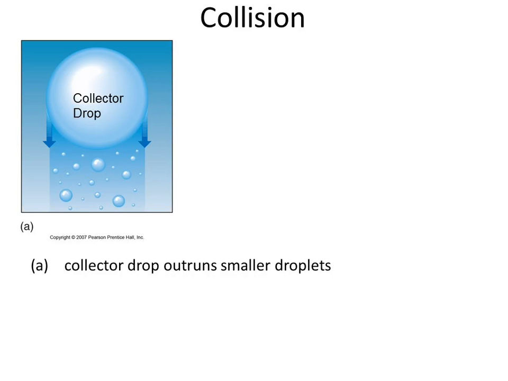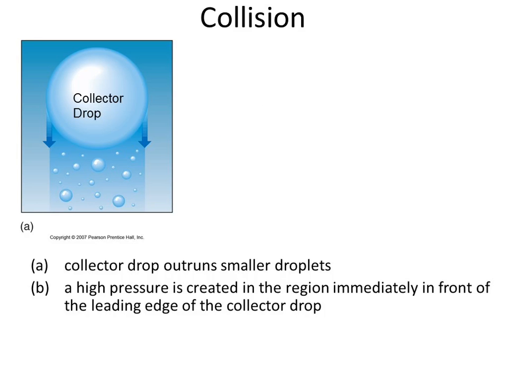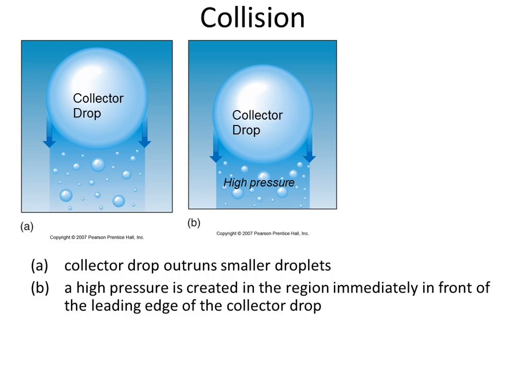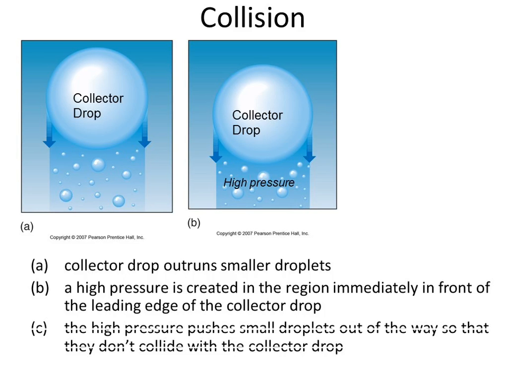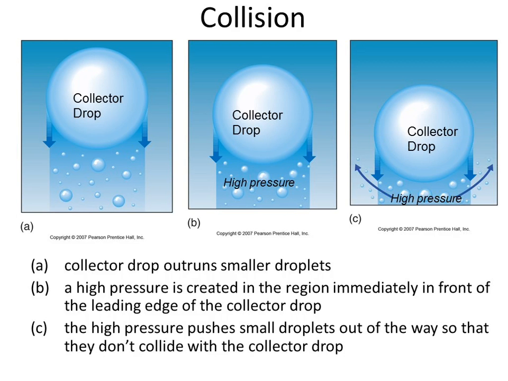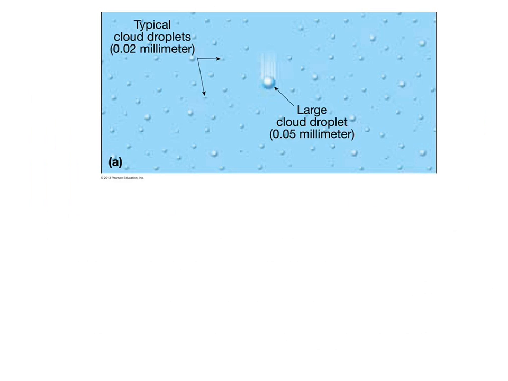Well, it may or may not collide, because we'll talk more about the high pressure that it creates in front of it, which is basically then a wind that kind of scoots the little guys. Okay, so that's just kind of the battle that the collector droplet fights in order to successfully collide so it can coalesce. Very similar to trying to catch a feather in midair.